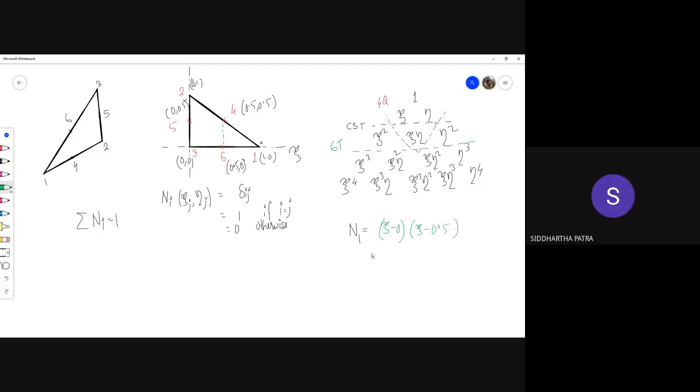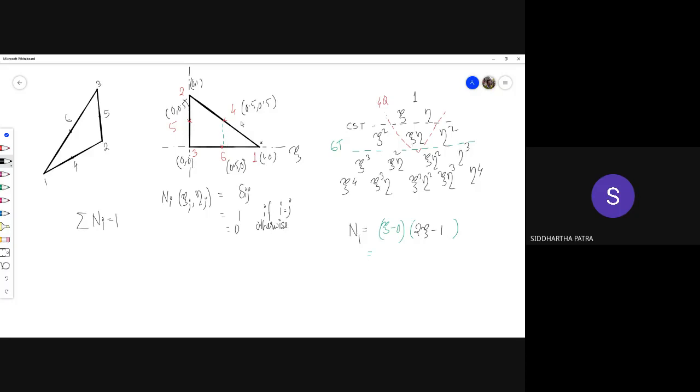Okay, so in other words, I can actually write the equation to be twice xi plus eta minus 1. That also is the equation of this line.